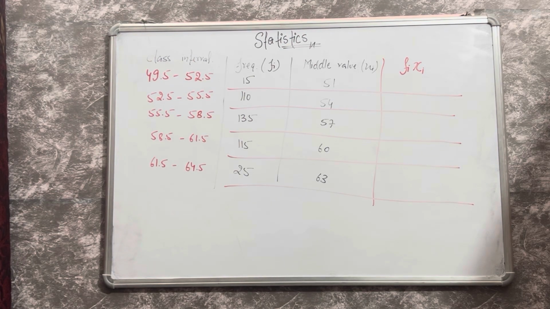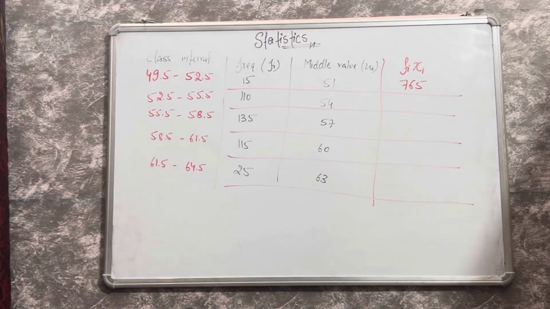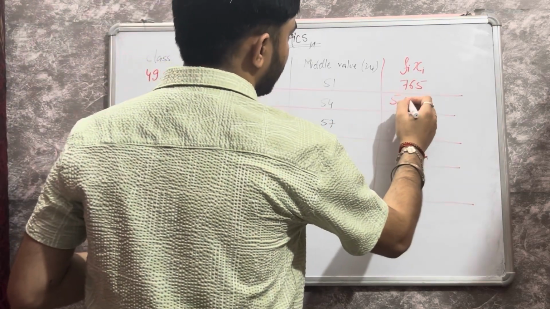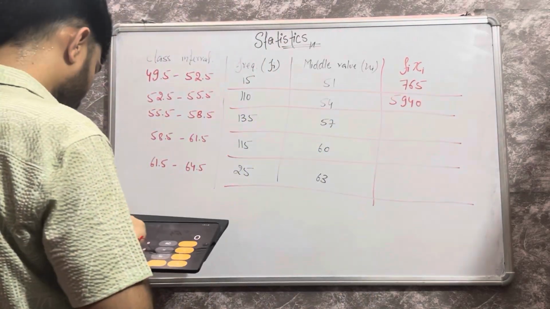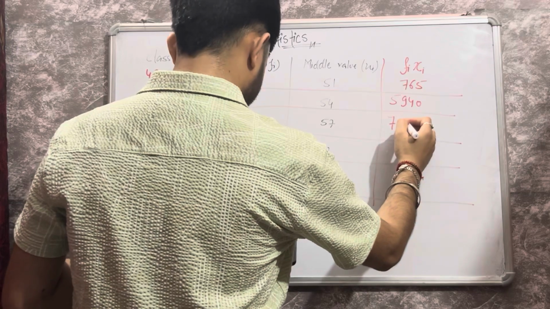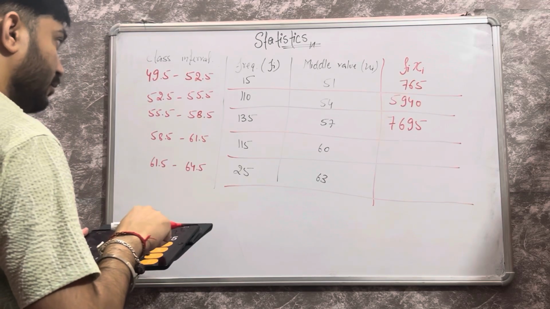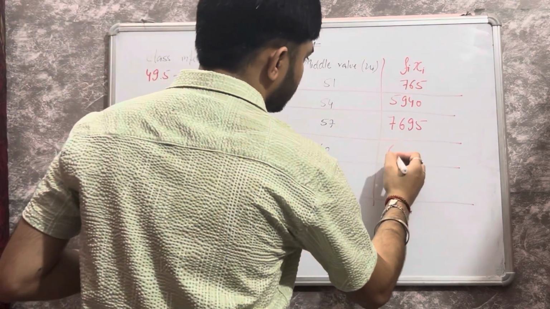So 15 multiplied by 51 is equal to 765. 110 multiplied by 54 is equal to 5940. 135 multiplied by 57 is equal to 7695. 115 multiplied by 60 is equal to 6900.